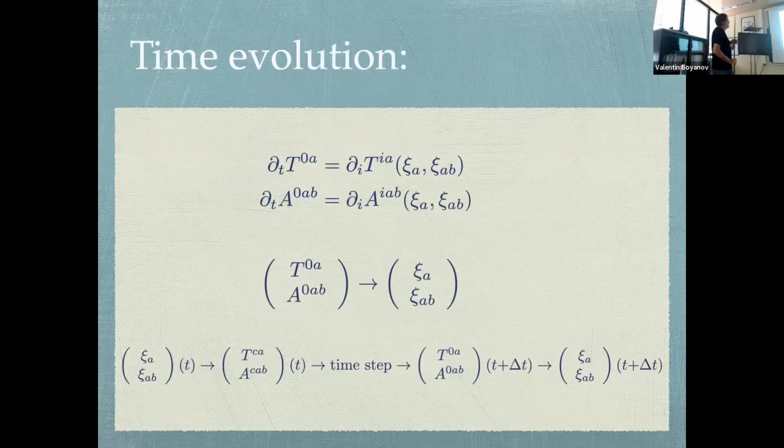So how do we do the time evolution? We take this component, the 0 component of the conservation law. So we discretize this in space, discretize them in time.